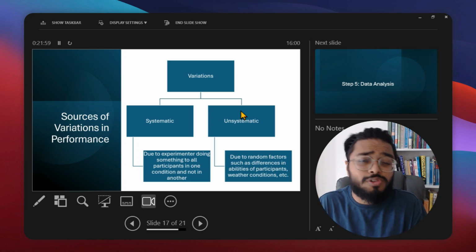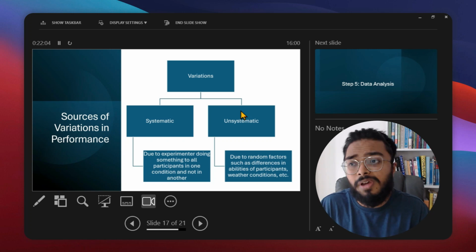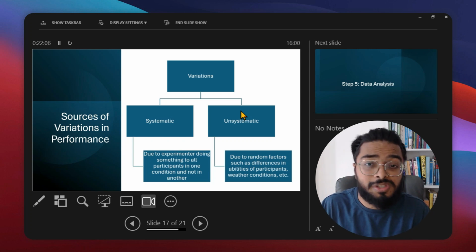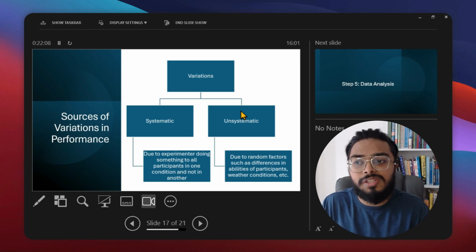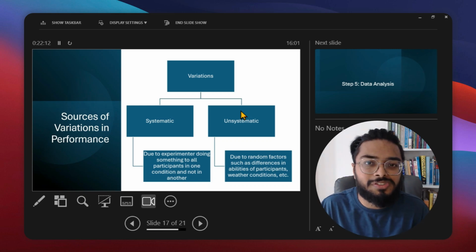So maybe one group was subjected to major trauma, and the other group had participants with only minor traumas. So naturally there will be unsystematic variations in your result, which is not nice.